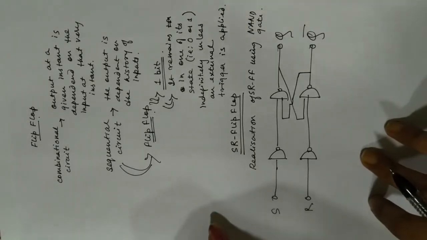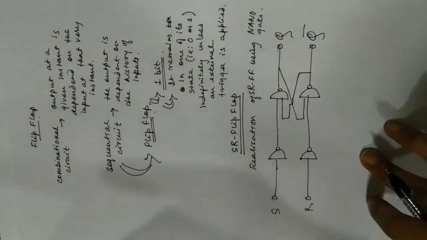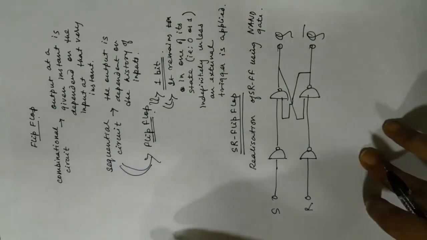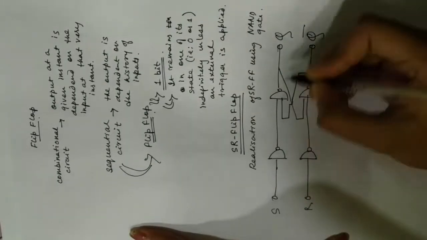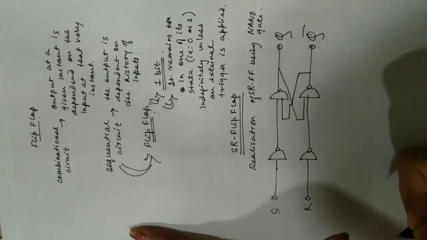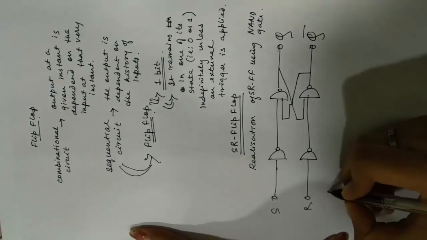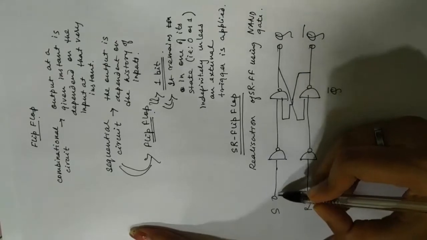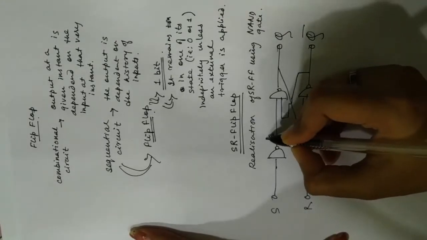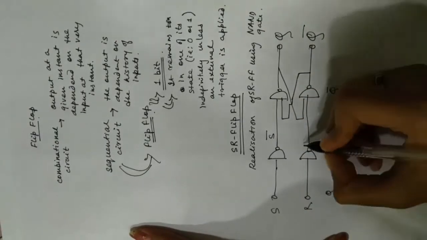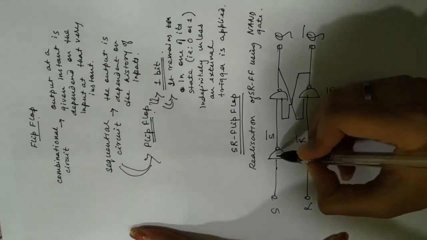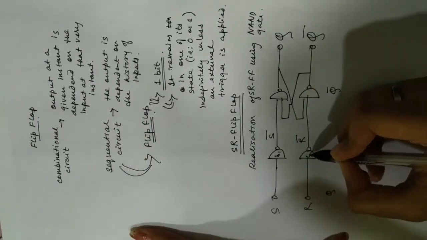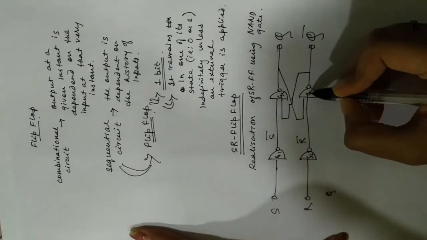Now we need to see the functioning, whether it really has a 1 bit memory or not. So let's see what the outputs from the circuit are. We can find out the logic expression for Q and Q bar, right? S passes through a NAND gate, so obviously it comes out to be S bar. R passes through a NAND gate, it comes out to be R bar. Let's name the gates G1, G2, G3 and G4.